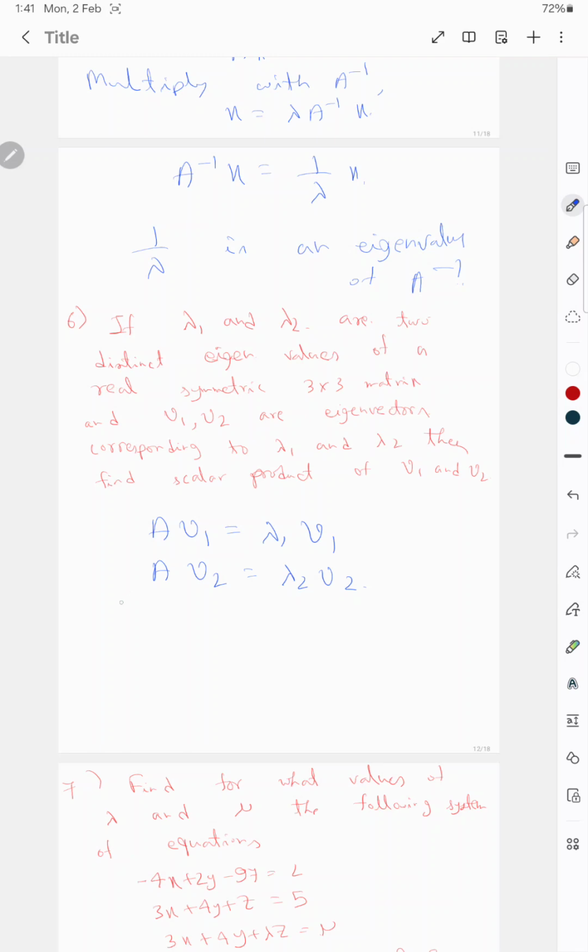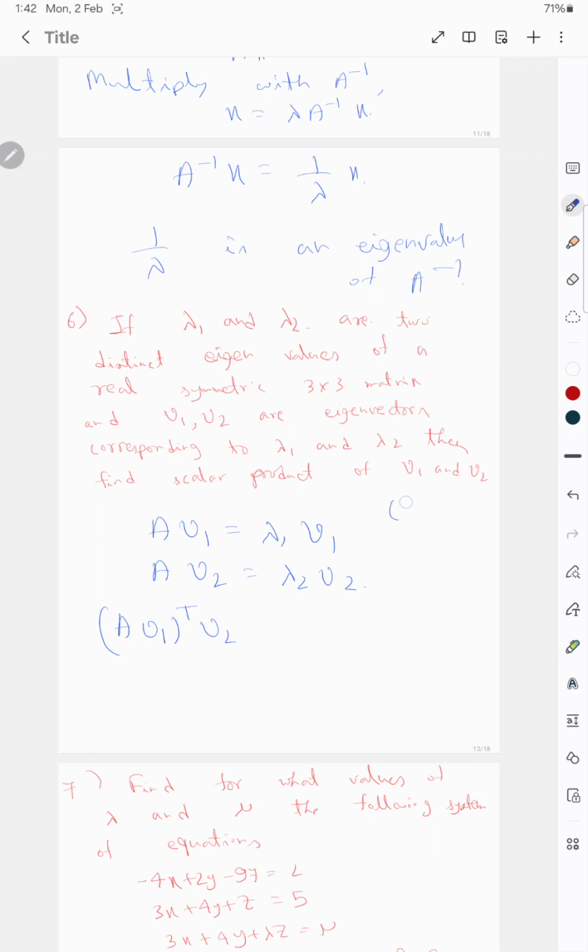Remember here the matrix is symmetric, that means A transpose is equal to A. Now suppose you are doing A v1 transpose into v2, because you have to find the product of v1 and v2. This you will learn later, it is called the scalar product.